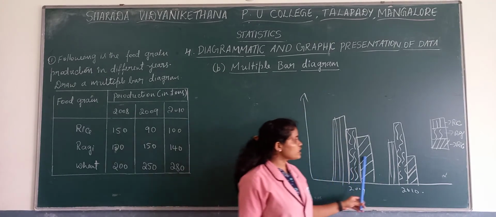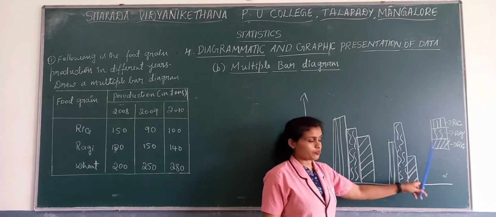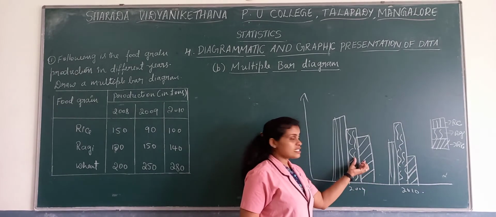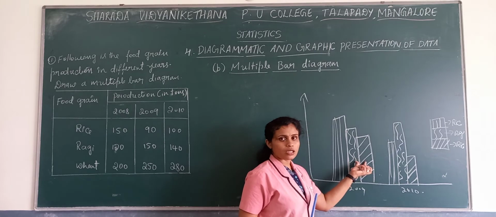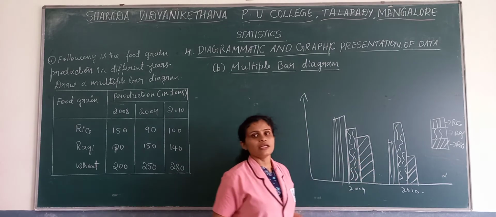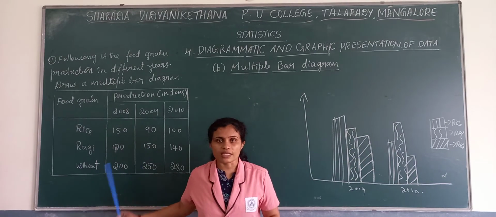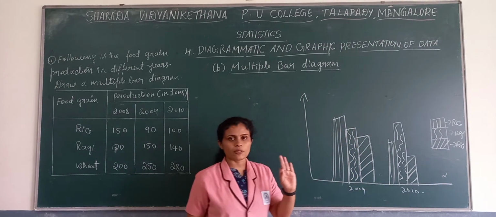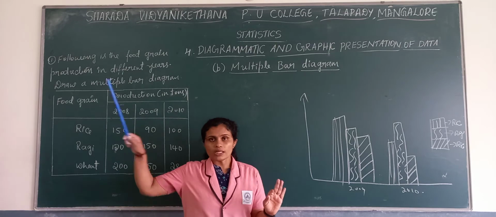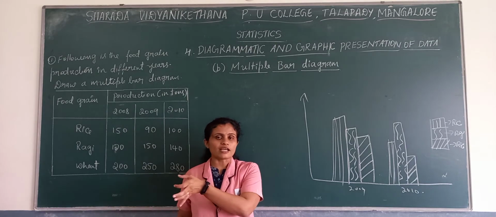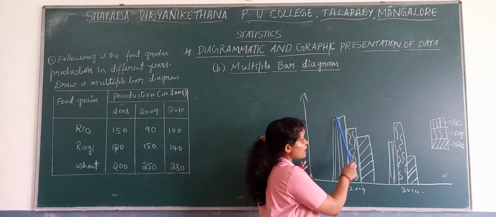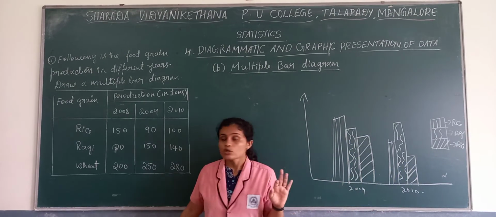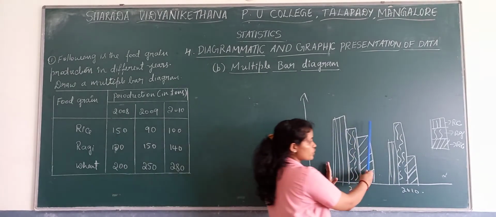of length, which is taken for the purpose of attraction. And here we take adjacent rectangular bars of equal width in order to represent the data. Adjacent rectangular bars, not like simple bar diagram. There we used to show separate rectangular bars, but here we draw adjacent rectangular bars in order to show the sets of interlinked data.